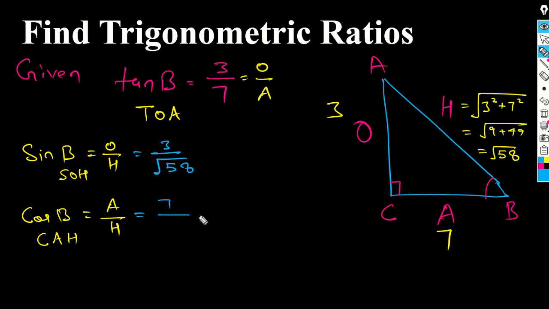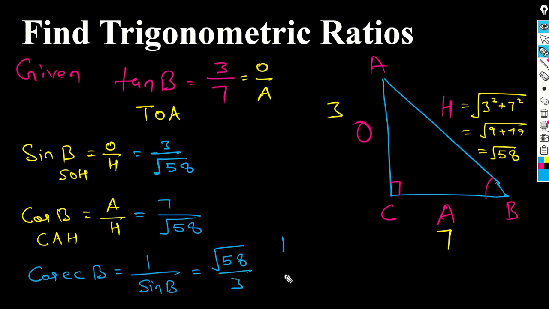Adjacent 7, hypotenuse square root of 58. Now the remaining, again cosecant B is 1 over sine B. So that will be square root of 58 over 3. Similarly, you can find secant B and cotangent B by yourself.